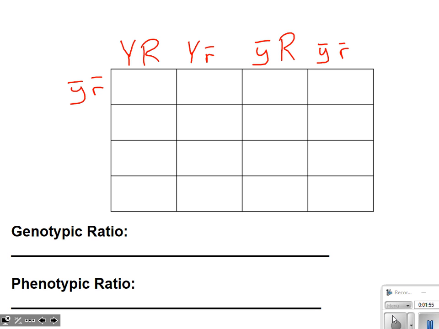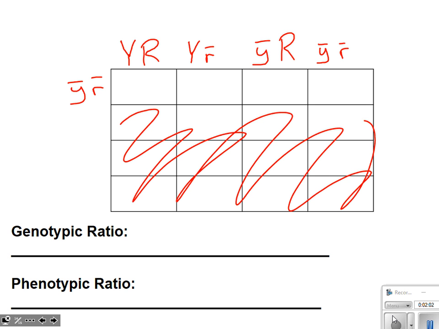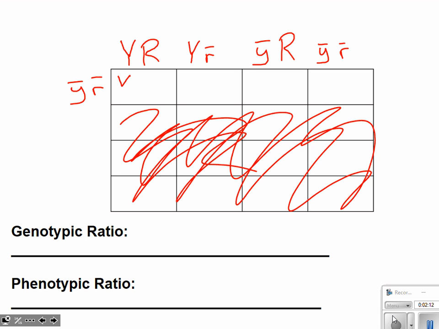So basically, when I have this 16 square, I'm not going to use this part of it. I'm only going to use those top 4 squares. So when I do my cross, it's going to be capital Y, lowercase y, capital R, lowercase r.